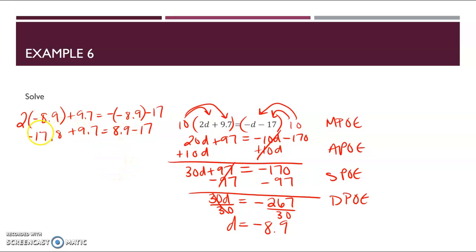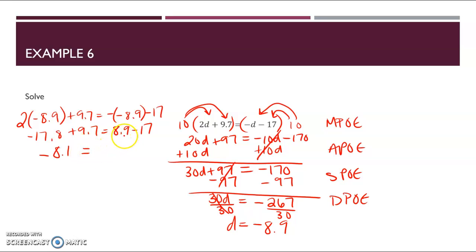So now I'm going to add, right? So negative 17.8 plus 9.7, different signs, so we're actually subtracting and keeping the sign of the larger. The larger is the 17, so it's going to be negative, and then 17.8 minus 9.7 gives us 8.1. So on our left-hand side, we have a negative 8.1.